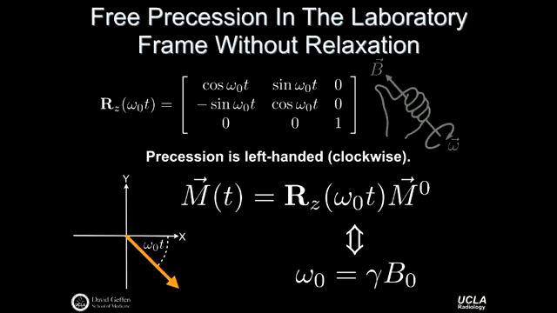Okay, so this is where we sort of ended up. We had free precession in the laboratory frame without relaxation, right? I've said that catchphrase like 9 times, but it's going to be important that you can make distinctions between these different cases because they're applicable under different circumstances. What we ended up with was a rotation matrix expression for how the x and y components are changing as a function of time.